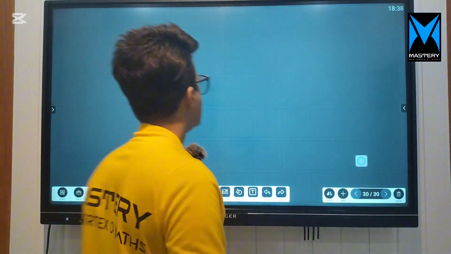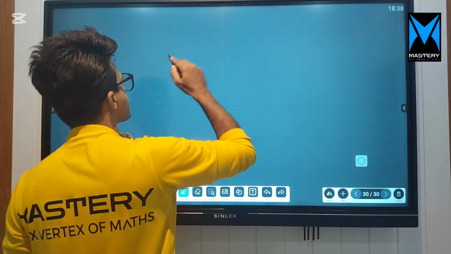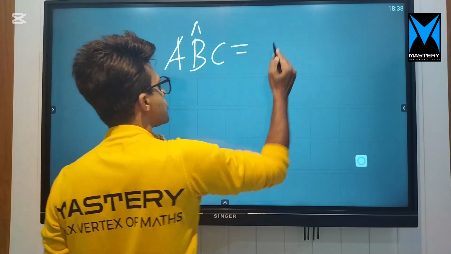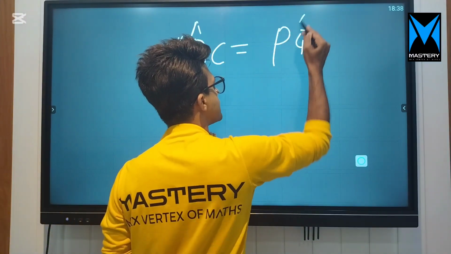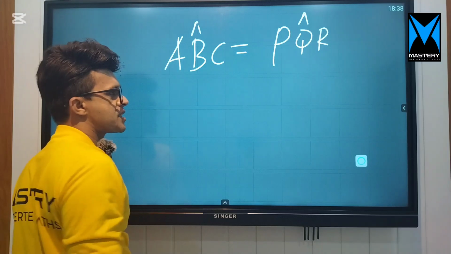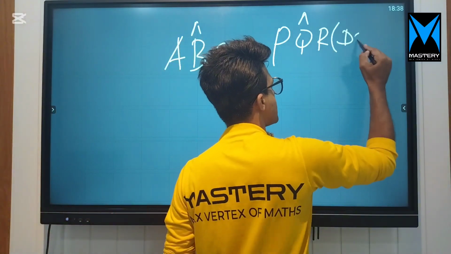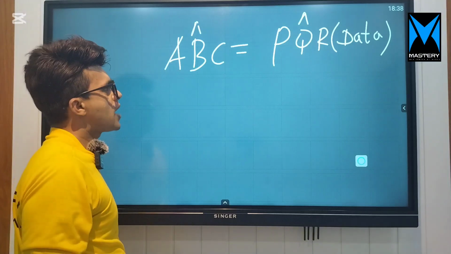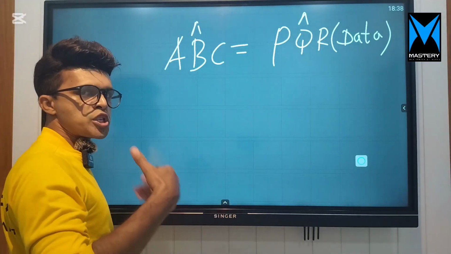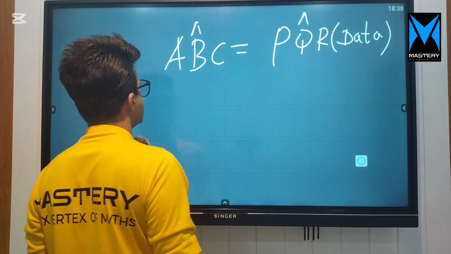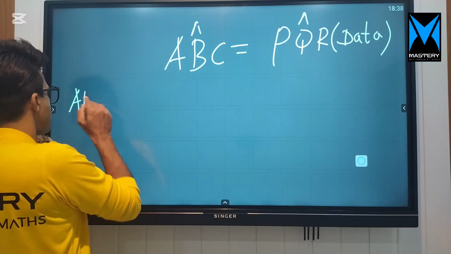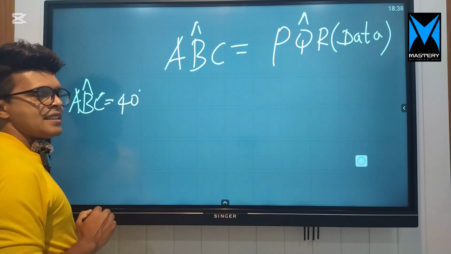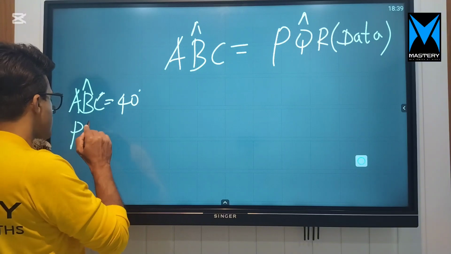Just think of angle ABC equals angle PQR. This is given data. Just think of angle ABC equals 40, and angle PQR equals 40.